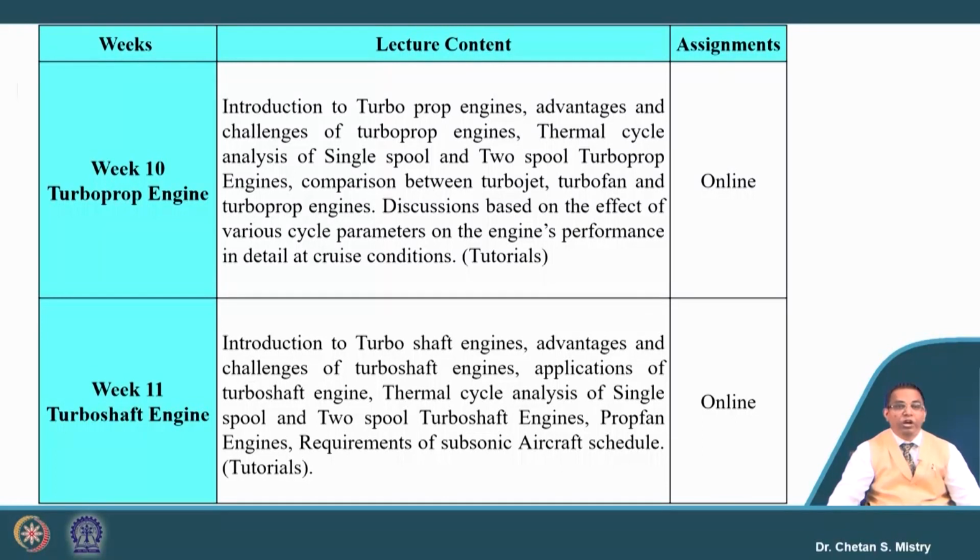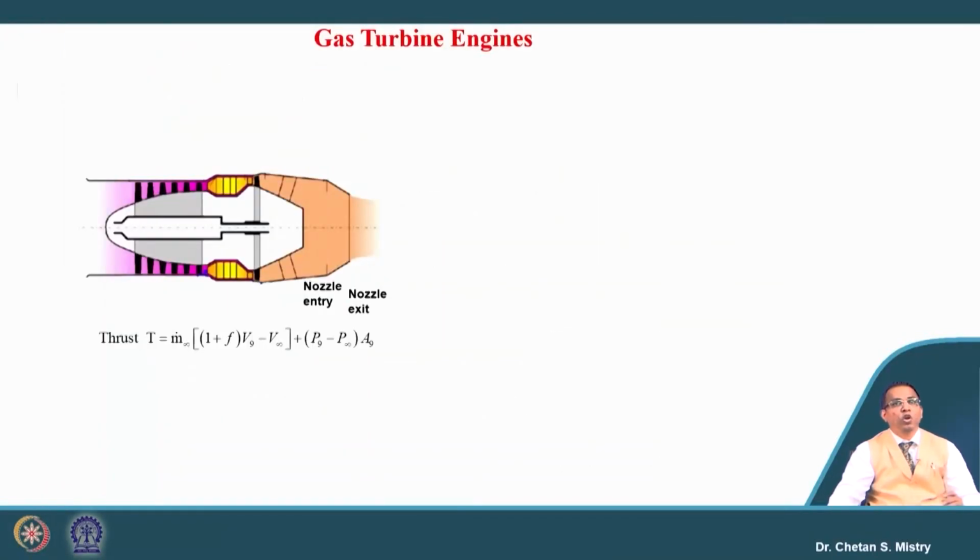So let's look at what we know. Here we have our idea of thrust generation. This is a cut section representing our turbojet engine, where the working principle for all the engines is the same.